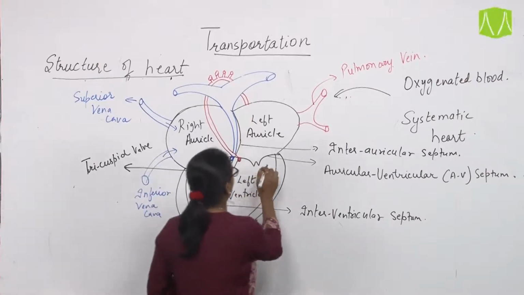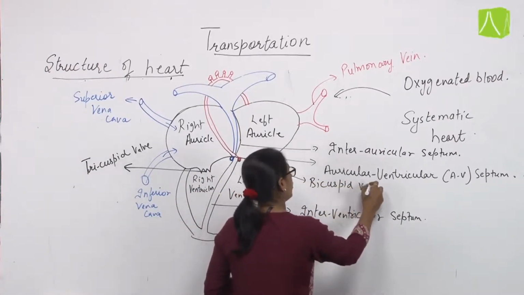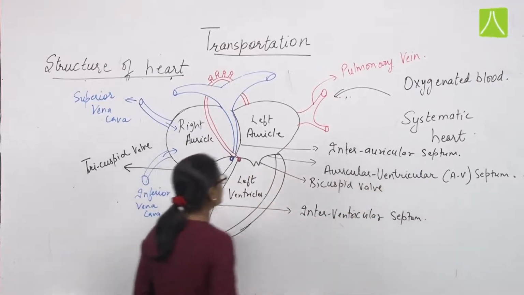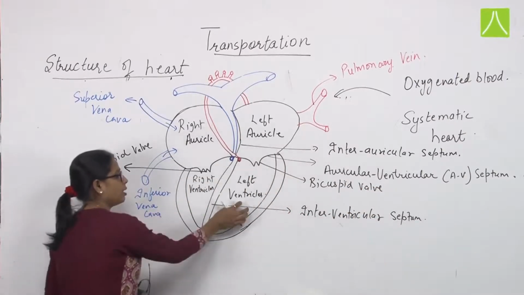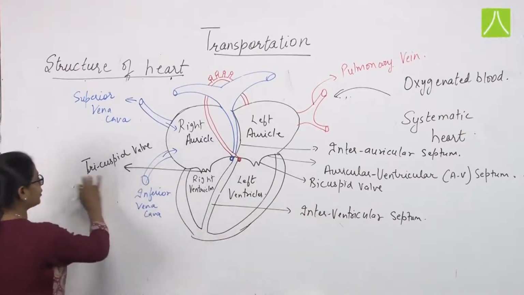And this particular valve is known as the bicuspid valve, having two cusps. That means the left side has a bicuspid valve and the right side has a tricuspid valve.